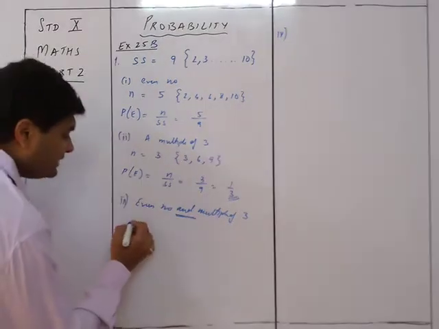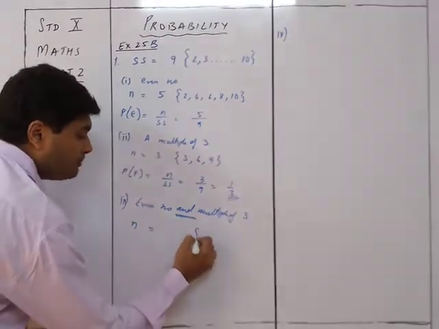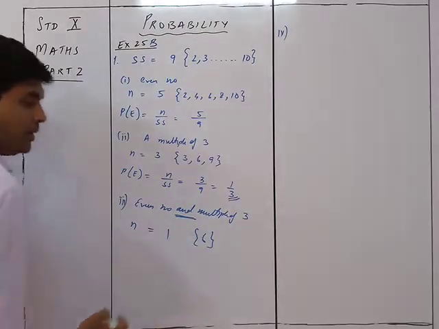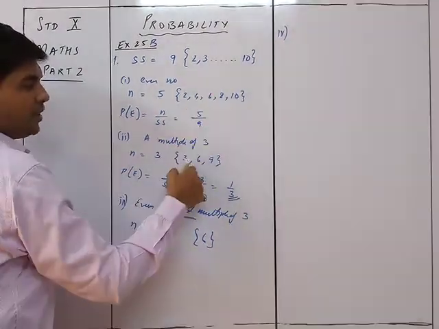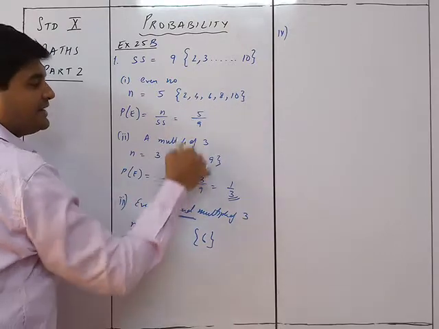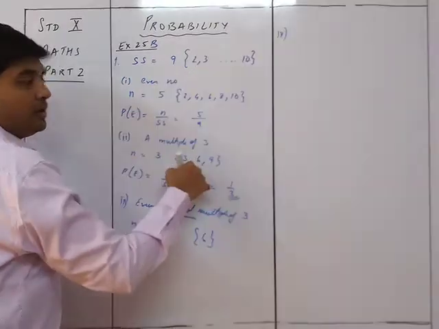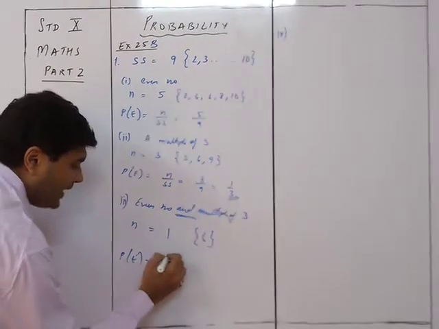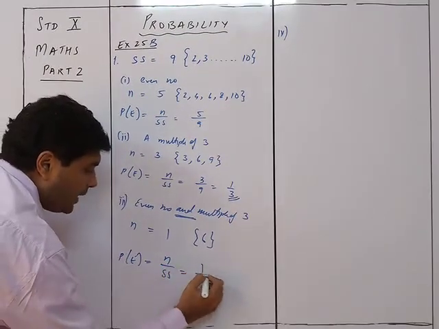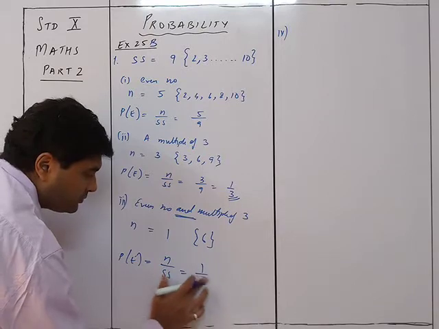So in such a case, n is only the number 6, because 6 is the only even number which is also divisible by 3 and present here. So our intersection of these two will be the answer. Accordingly, P(E) will be n upon S, which is 1 upon 9.